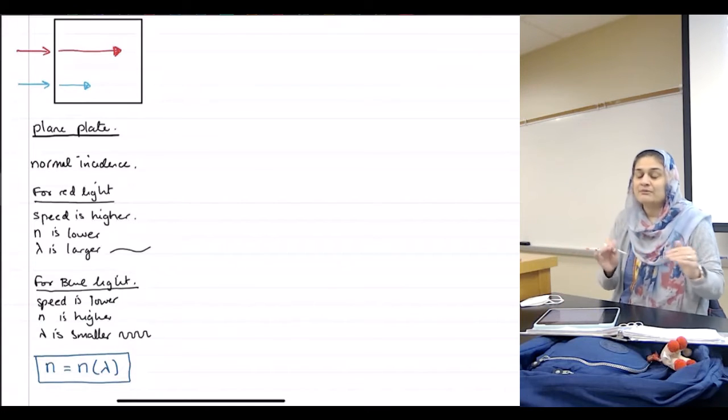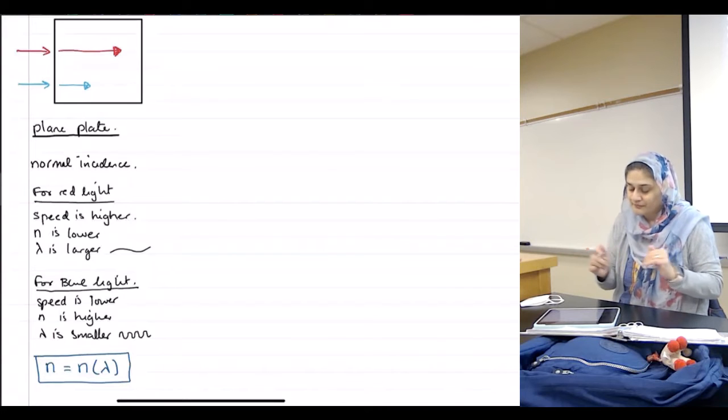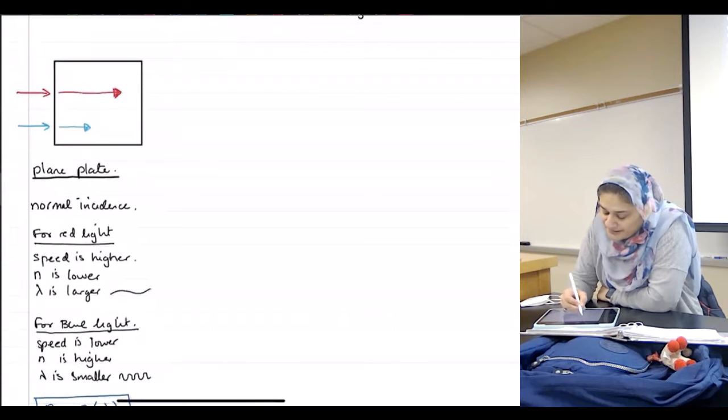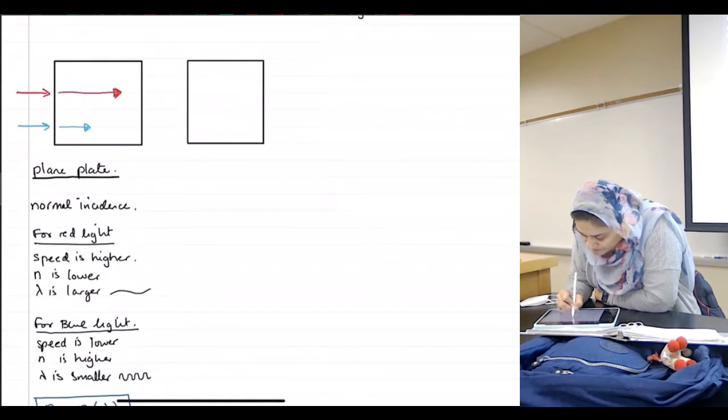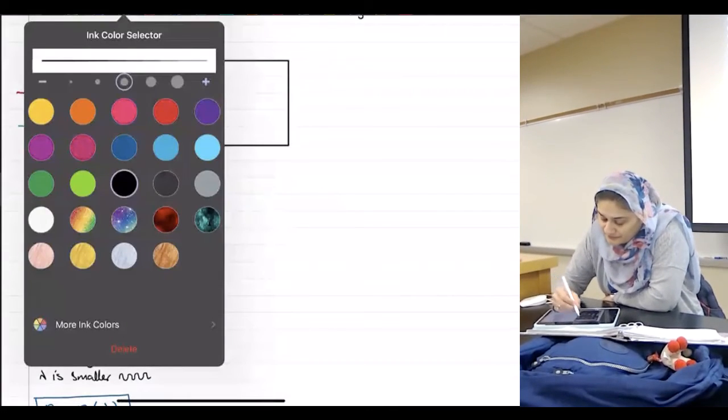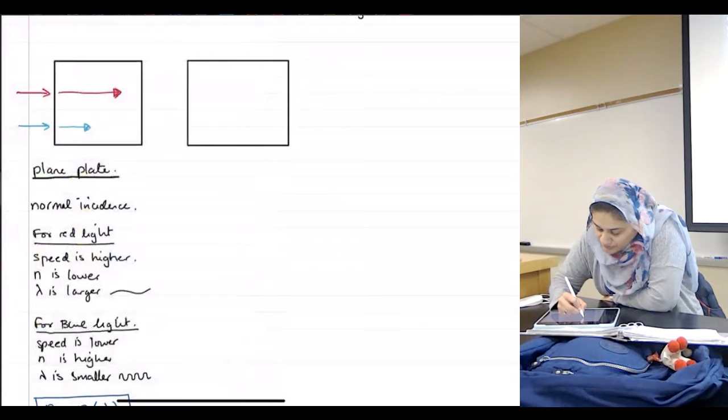Okay, so now what happens if I have the same kind of situation, but instead of being head on, I have a light that is composed of all colors, but at an angle.